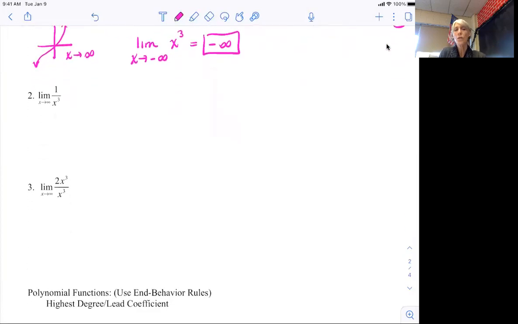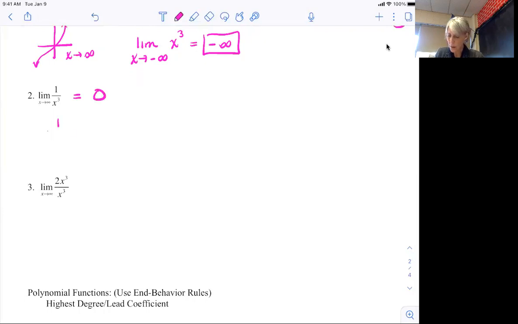The limit as x goes to infinity of 1 over x cubed. So now use common sense. What is happening to the graph? If I'm doing 1 divided by 1 cubed, that's 1. 1 divided by 10 cubed, that's 1 over 1,000. My number is going to get smaller and smaller and get closer to 0.